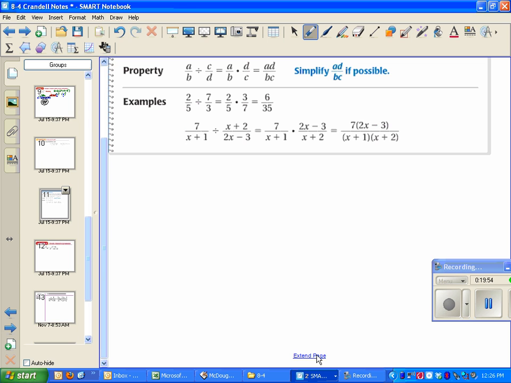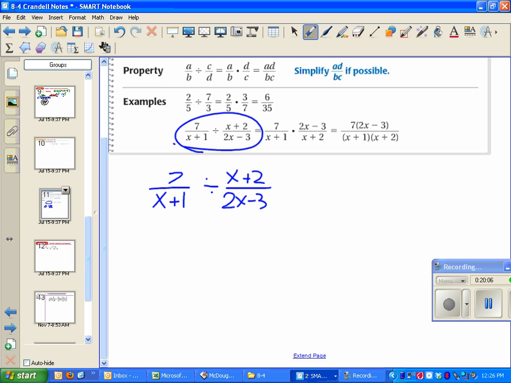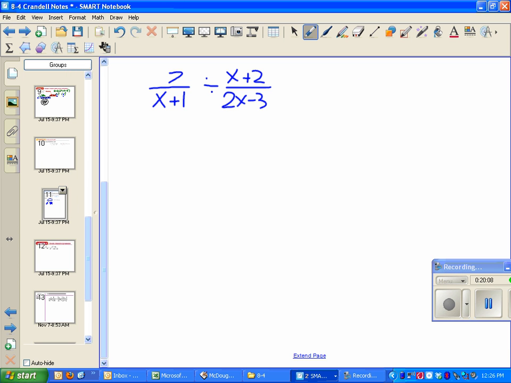Okay, so let's take this example. I have 7 over x plus 1 divided by x plus 2 over 2x minus 3. So same idea as regular fractions. I'm going to copy the first fraction, and then I'm going to turn the division into a multiplication sign, and then flip it.